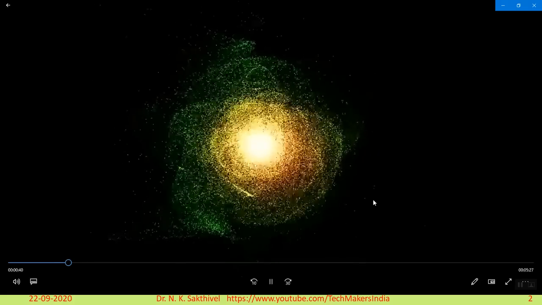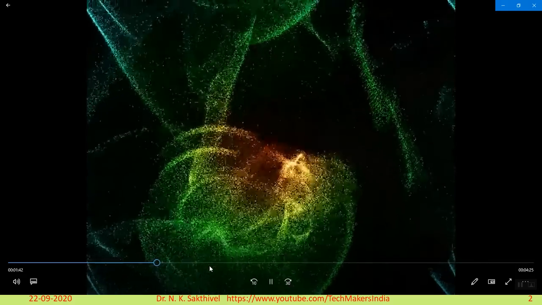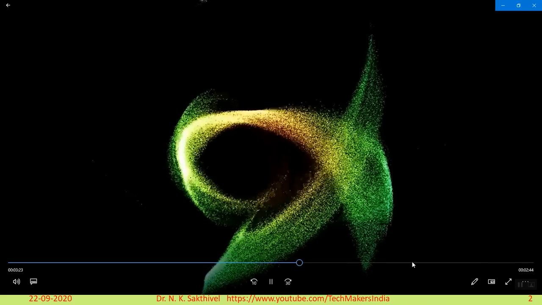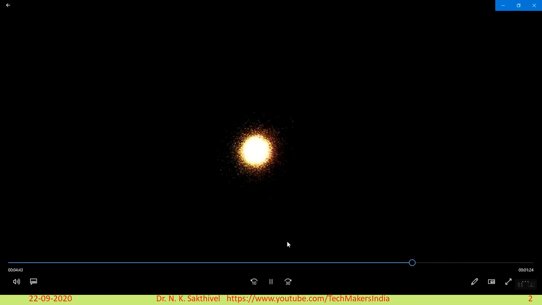So this is one of the examples, and like this we can understand all particles simulated with OpenMP. See here now, here there is a bigger cluster of particles. Because of gravitational force, all other particles are attracted towards its location. Because more particles means more force, it is attracting.